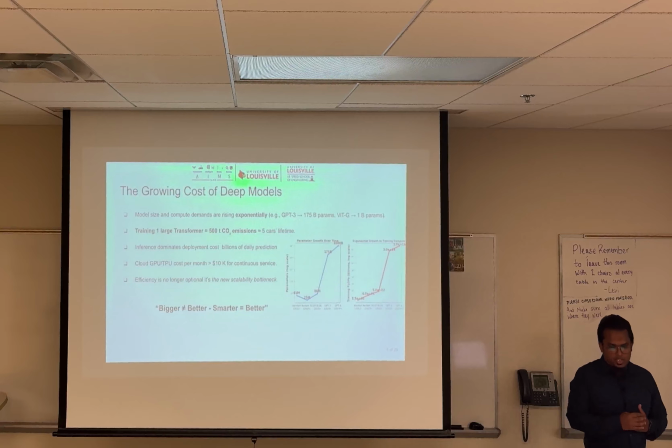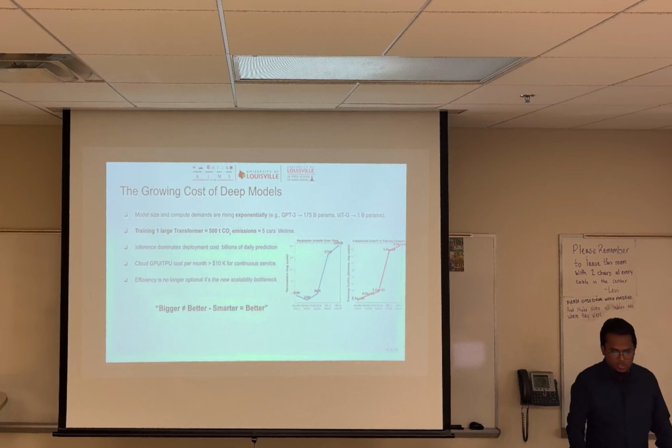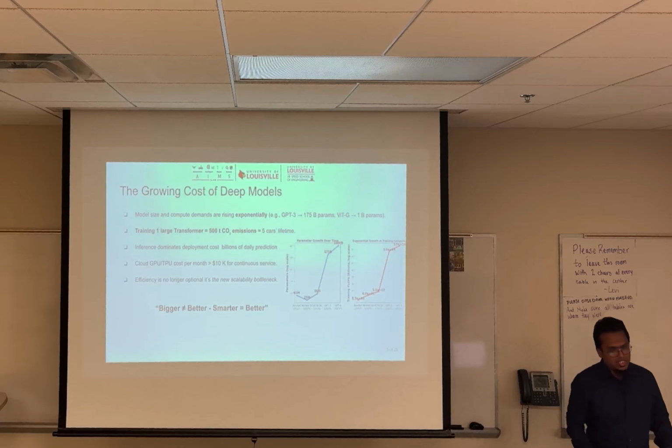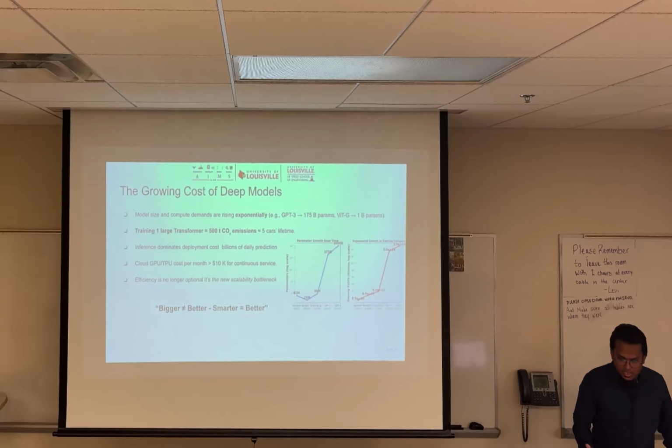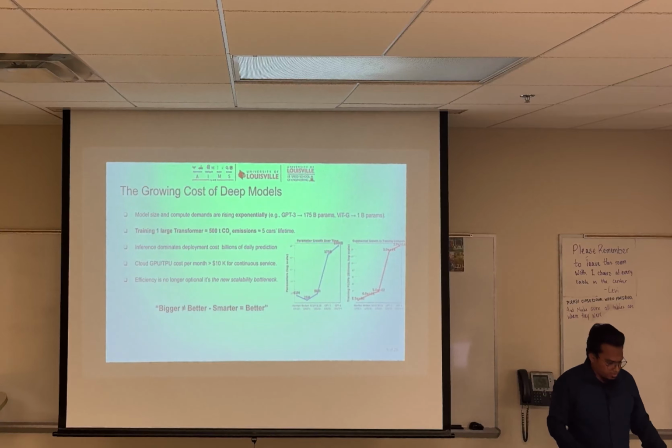Deployment is even more costly: billions of daily inferences cost thousands of dollars of GPU time each month. So we say bigger no longer means better. We need models that are smarter, leaner, and sustainable, which is the key driving force behind the CAMP-HiVe algorithm.